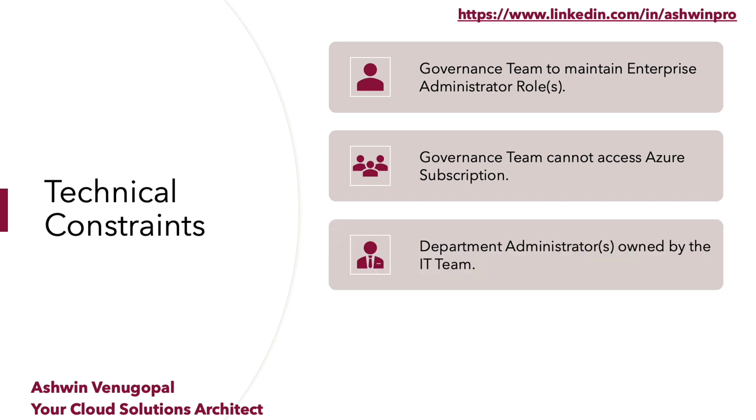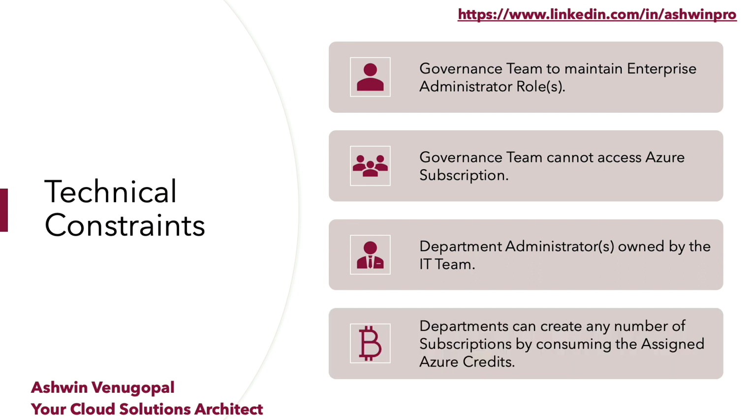You also need to understand that the department administrators are owned by the IT team, and departments can create any number of subscriptions by consuming the assigned Azure credit. So this slide is going to help you update them: these are the technical constraints that we have added into the design, ensuring that your operations are taken care of.